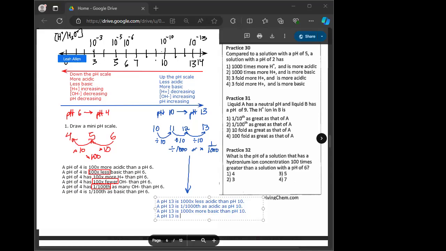A pH of 13 has 1,000 times fewer hydrogen ions than a pH of 10. A pH of 13 has 1/1000th as many hydrogen ions as a pH of 10. And a pH of 13 has 1,000 times more OH ions than a pH of 10.